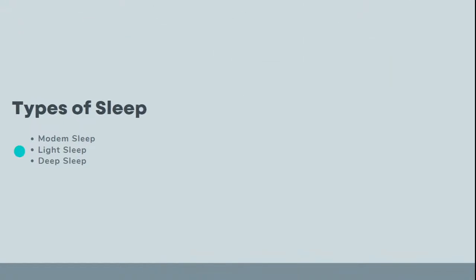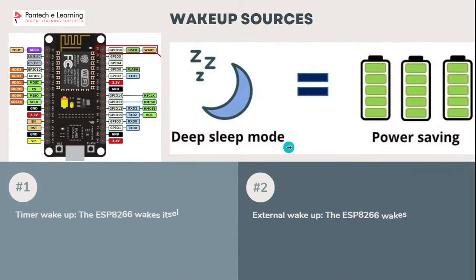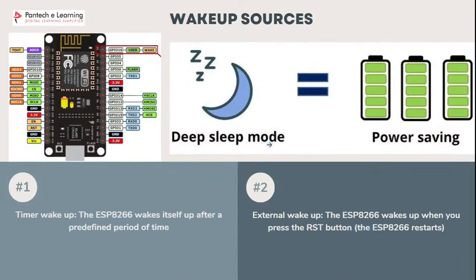Next, they all have different purposes and should be used in different applications, but here we will cover deep sleep mode. Everything is off except the RTC, the real time clock, which is how the ESP8266 keeps track of time.